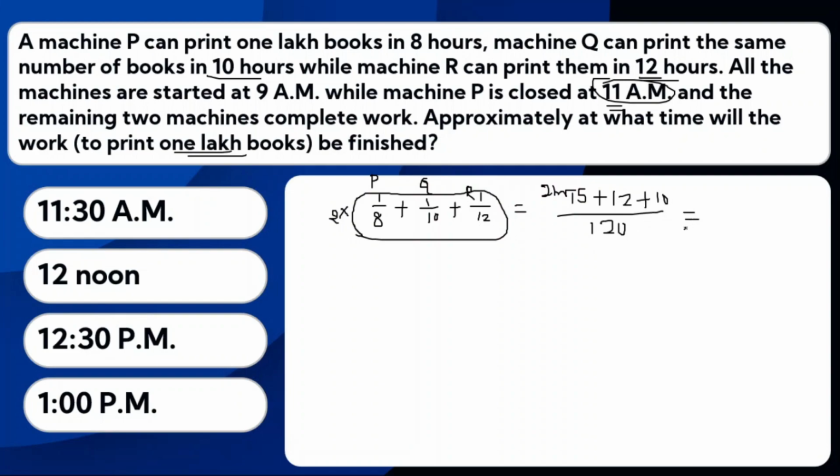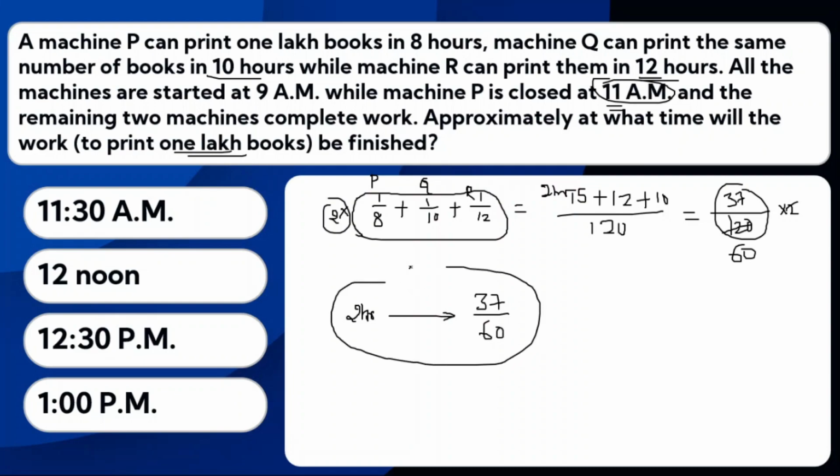So if you sum this fraction, you will get 120 and 15 plus 12 plus 10, 37. This is the work done per 1 hour, but they worked for 2 hours, right? So into 2 you have to do, and 2 here cancels 60 times. So in 2 hours, the total work completed is 37 by 60.